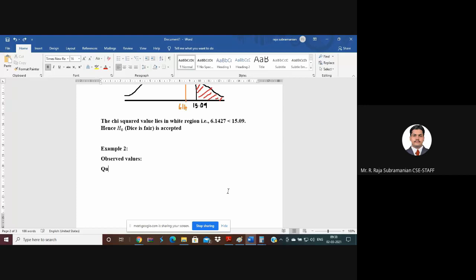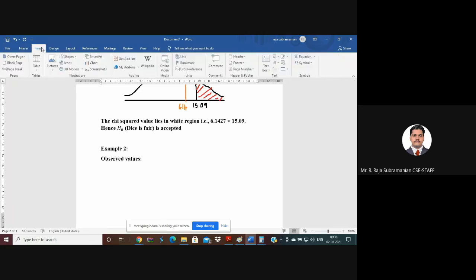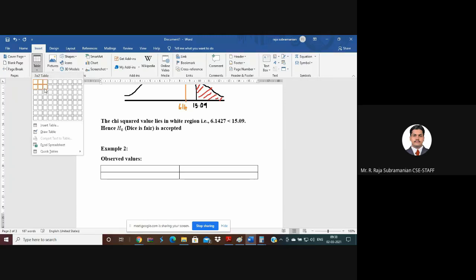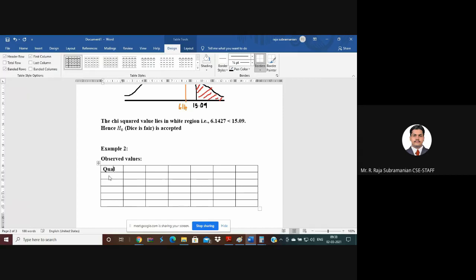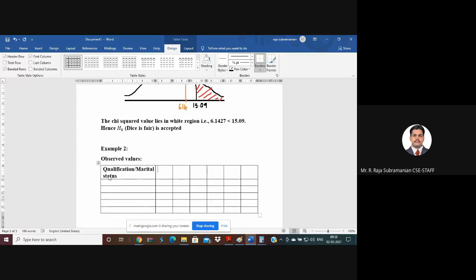Let me draw that table first. It's 1, 2, 3, 4, 5, 6. 1, 2, 3, 4, 5, 6. Right. So qualification slash marital status. So this is in one case.